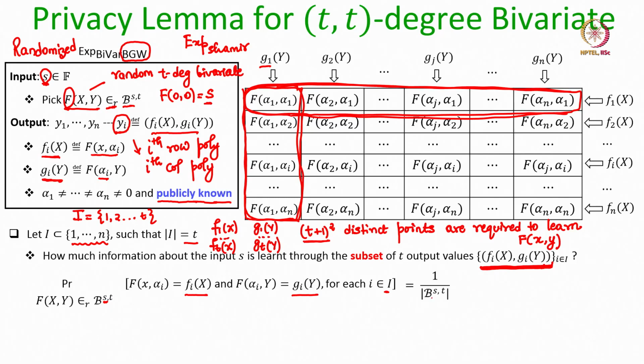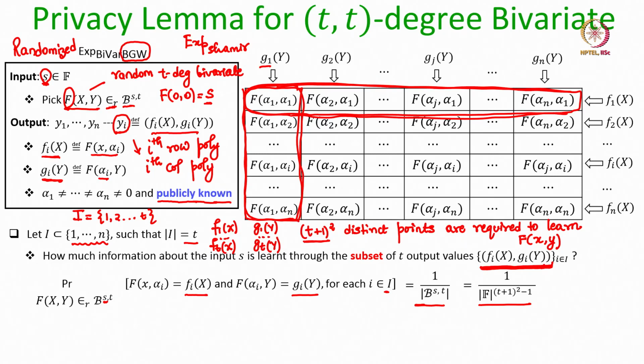And the probability of that is 1 over the number of t degree bivariate polynomials with s being the constant term, and the number of t degree bivariate polynomials with s being the constant term is this. We have already derived this in one of our earlier lectures. Now, why is this probability 1 over the number of all t degree bivariate polynomials with s being the constant term? For this we can invoke the result in the previous slide.